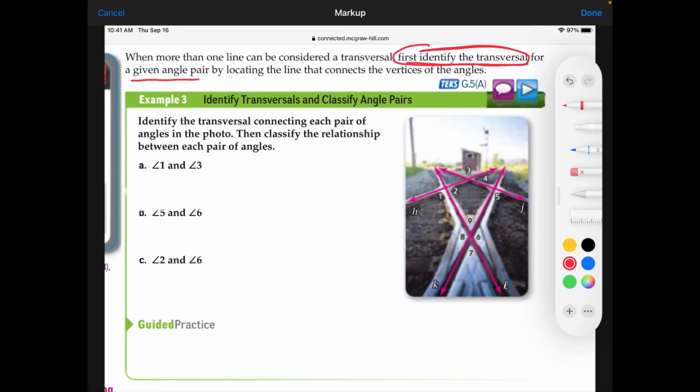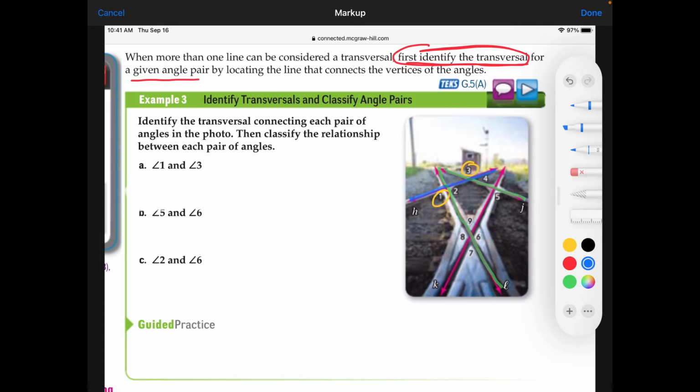So if you look at angles 1 and 3, we have this line L, and line J is touching this angle, and also this one right here. So those are my lines, okay? The ones that are dealing with those angles.